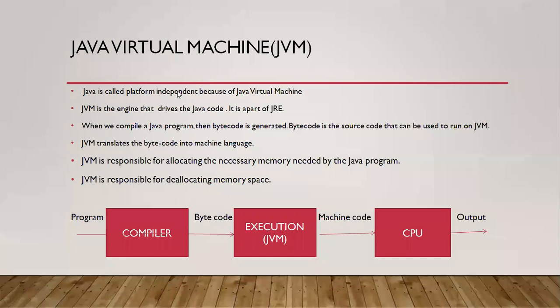And coming to the second point, JVM is the engine that drives the Java code. Already we know it's the engine part, one of the working areas. It is used to execute the Java code. That is our second point.